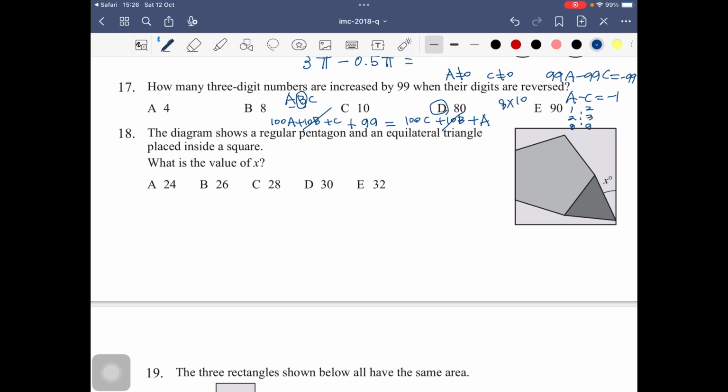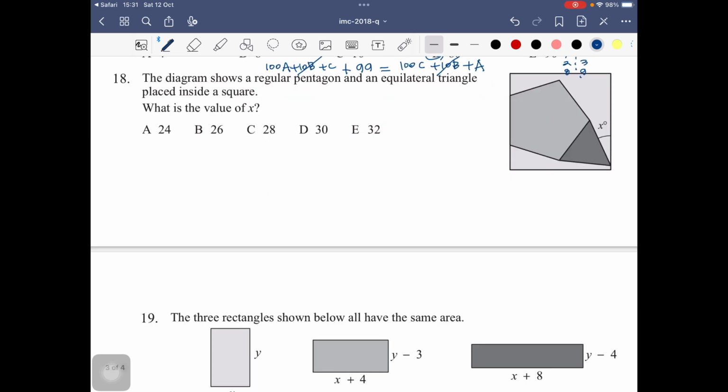Number 18: regular pentagon, equilateral triangle, so 60 and 108, and square, X. So this is a pentagon and an equilateral triangle, which has 108, 72, and square 90, 90, because this is 102.